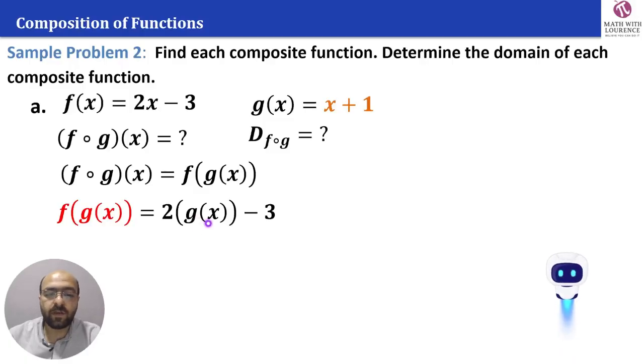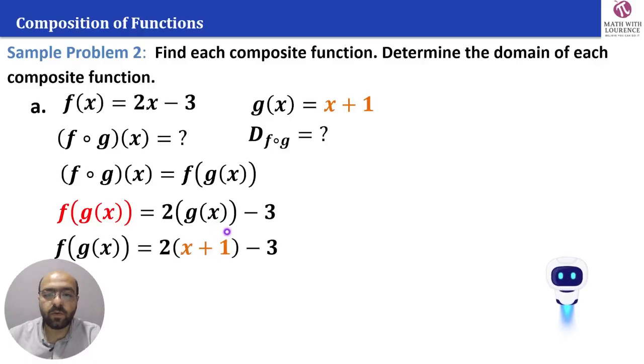So I will start with f, remove x and write g of x. What is g of x? g of x is x plus 1. Excellent. So I will write x plus 1. I substitute g of x, which is x plus 1. That's it. Now let's simplify.